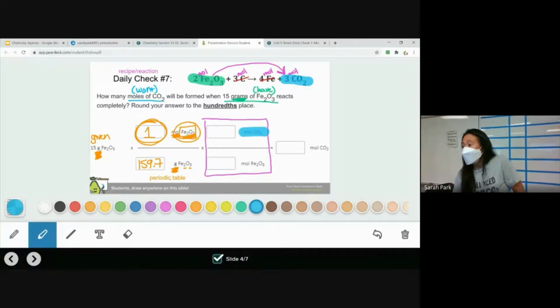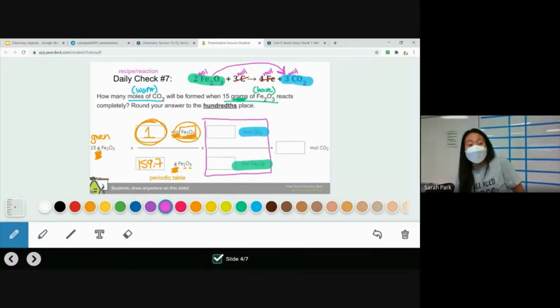So right here, moles of carbon, and then over here, moles of iron oxide. So what numbers are we going to put at top and bottom? What does our recipe, our reaction, say is the relationship between those two things, from the information above? So we look over here. We're going to use this number. We're going to use this number.